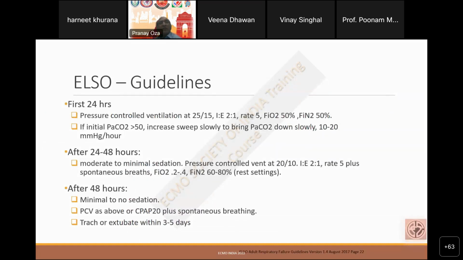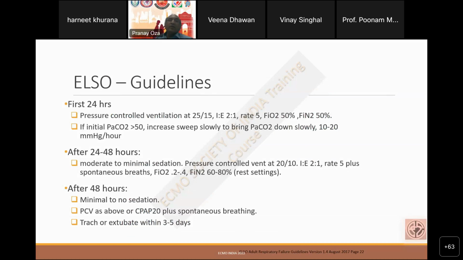If you talk about ELSO guidelines, which were in 2017, they have said the first 24 hours is pressure control ventilation with peak pressure of 25 and PEEP of around 15, inverse I:E ratio, respiratory rate as low as 5 and FiO2 around 50%. At 24 to 48 hours, you can decrease the pressure control to 20 and PEEP to 10.